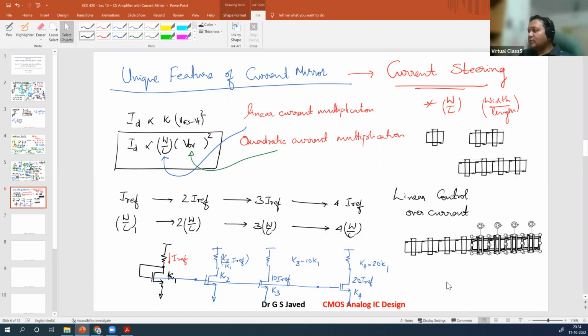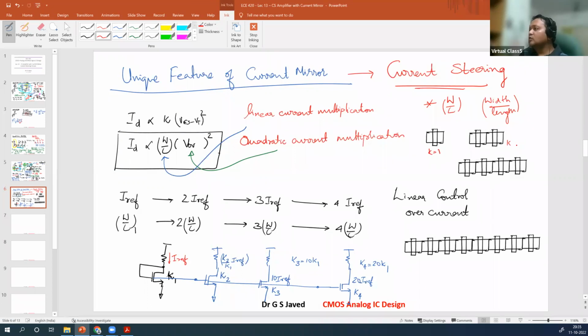So this way, just imagine, you will typically be doing layout like this itself. You don't have to redo, redraw, nothing. So this is your K equal to 1, this is K equal to 2, K equal to 4, K equal to 8. In this, what you're doing is, you are not increasing individually the transistor sizes. You are just multiplying the transistor.